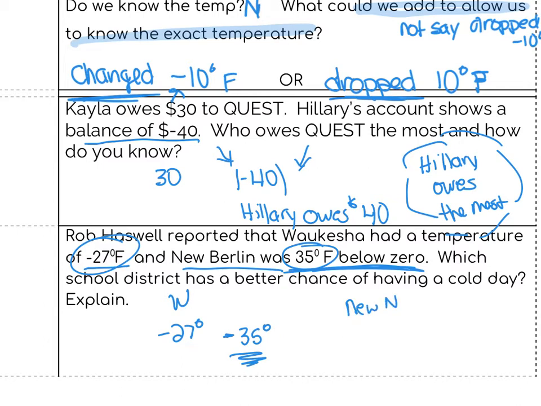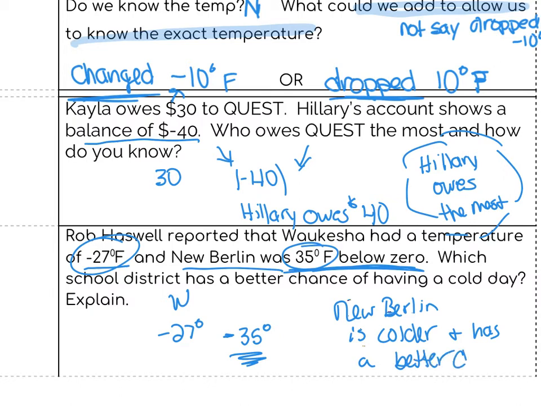Now, New Berlin is colder. I'm just going to erase that quickly. Sorry. New Berlin is colder and has a better chance.